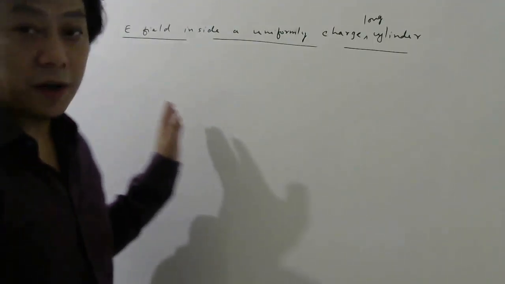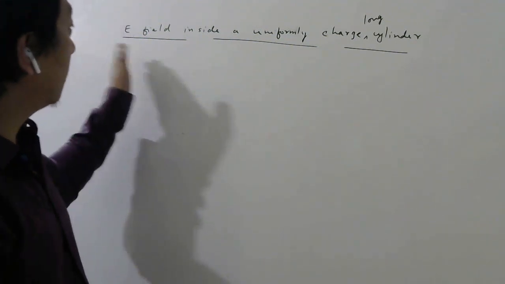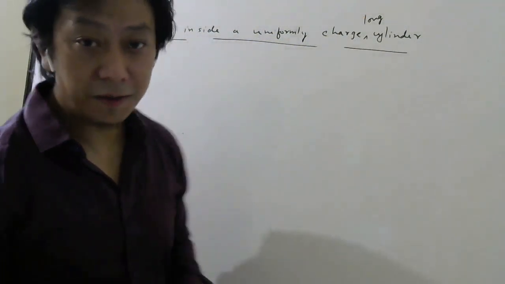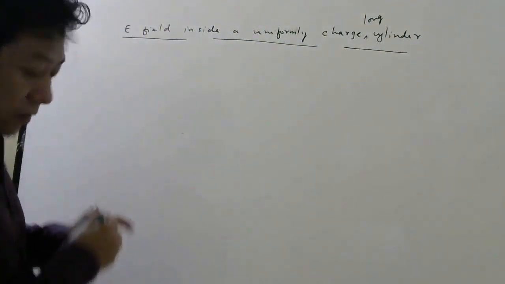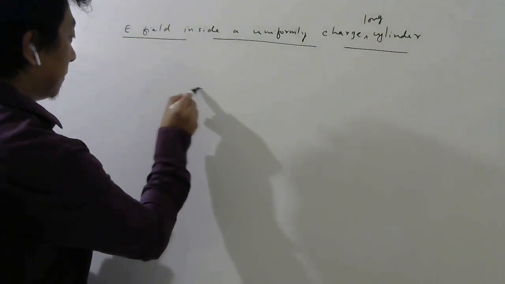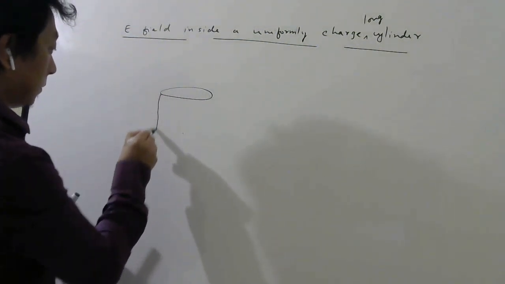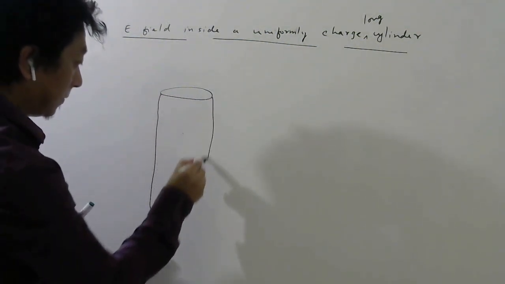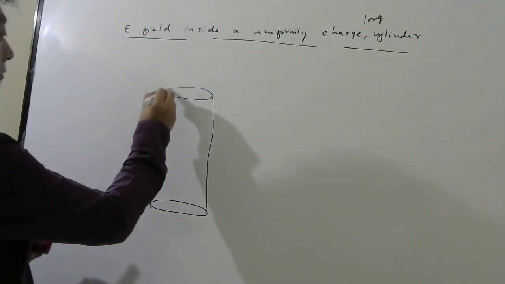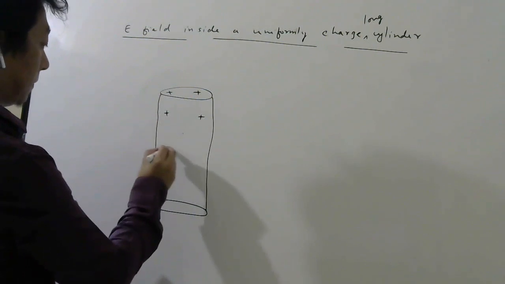So now we will find, using Gauss law again, electric field inside a uniformly charged long cylinder. Okay, so imagine I will give you a cylinder like this, not line charge, okay, cylinder. This is the cylinder and it has been uniformly charged everywhere.